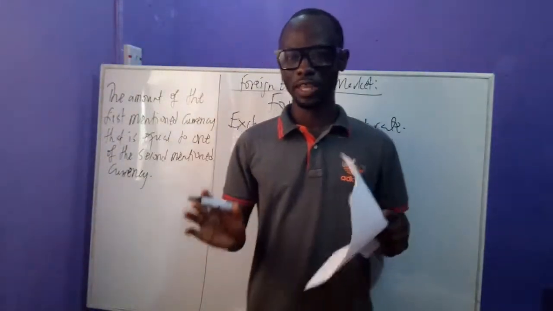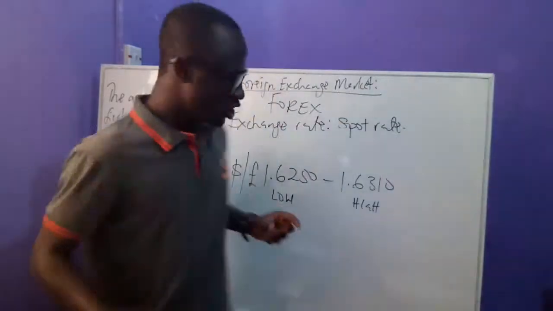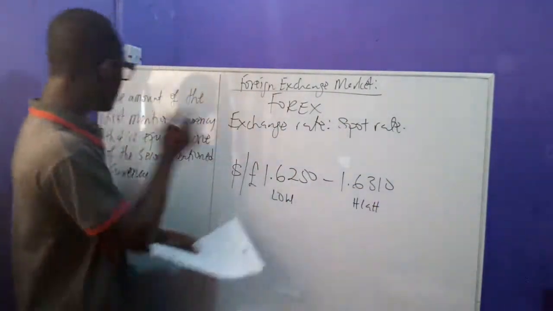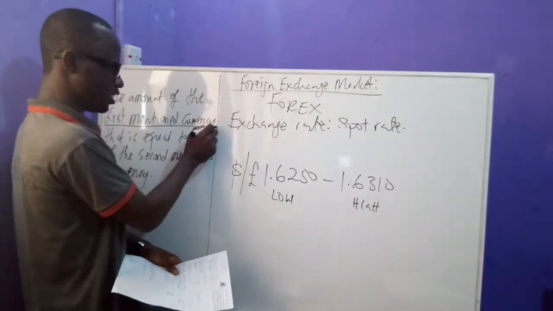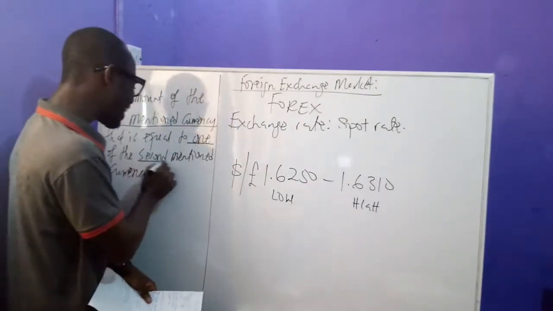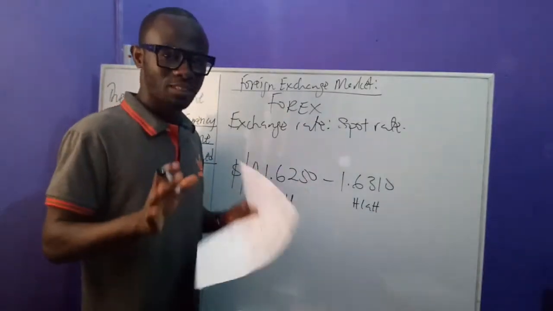Please follow me carefully here. When the exchange rate is quoted like this, it is always the amount of the first mentioned currency that is equal to one of the second mentioned currency. What does that mean?